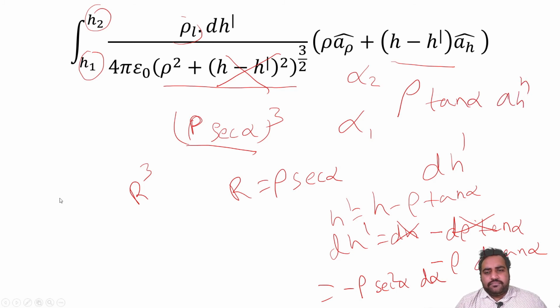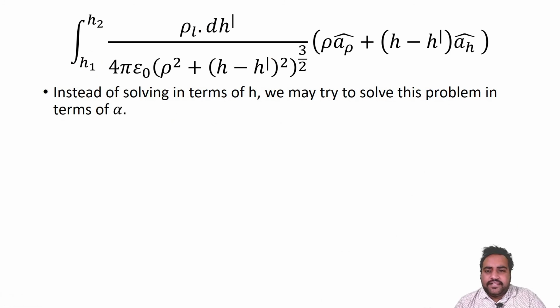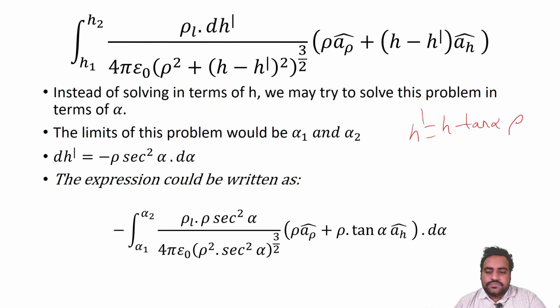So you may find my writing difficult to follow, but I can show that in print. So this is what I have written for you. If you want to know how I got there, you may go to the previous instant of the video, or even solve it on your own from the expression that h prime equals h minus rho tan alpha. So see, that is what I have done here.